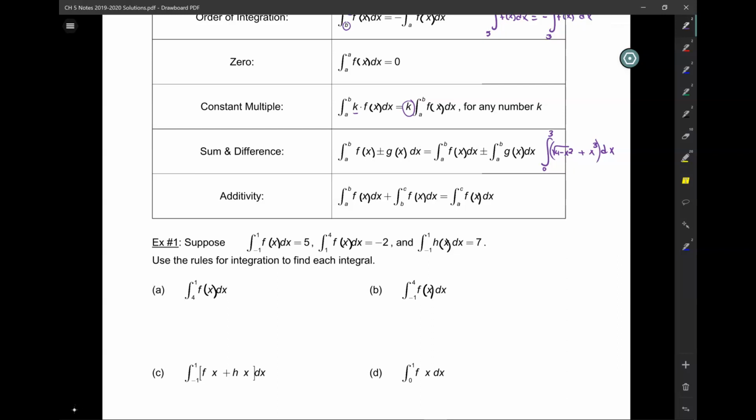I can split this up and first find the integral from 0 to 3 of the square root, plus separately the integral from 0 to 3 of x cubed dx.